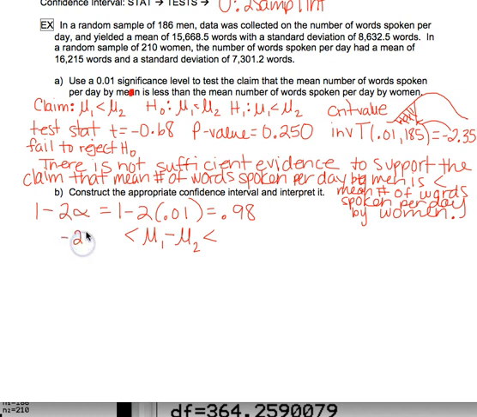So negative 2,437 on the left, and then we have 1,343.8 on the right.